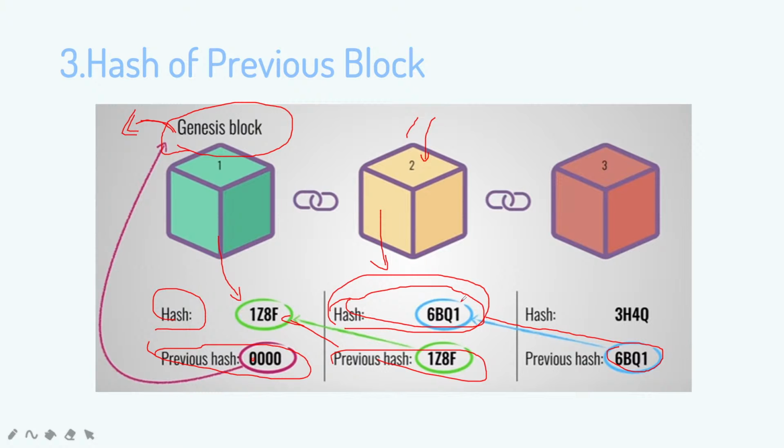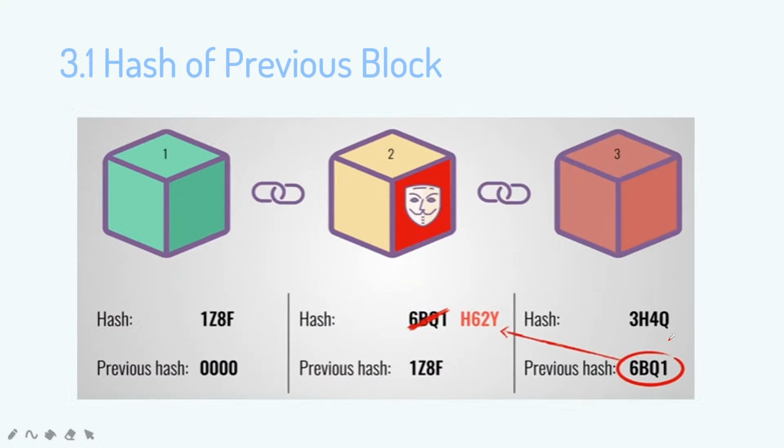So if a change occurs, we need to change it there also, so it won't work. That's why it's a secured one. Here you can see I am trying to change this particular hash value, but automatically the hash value is changed.